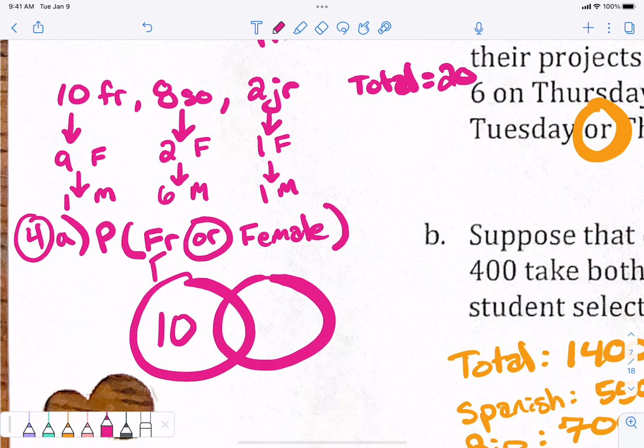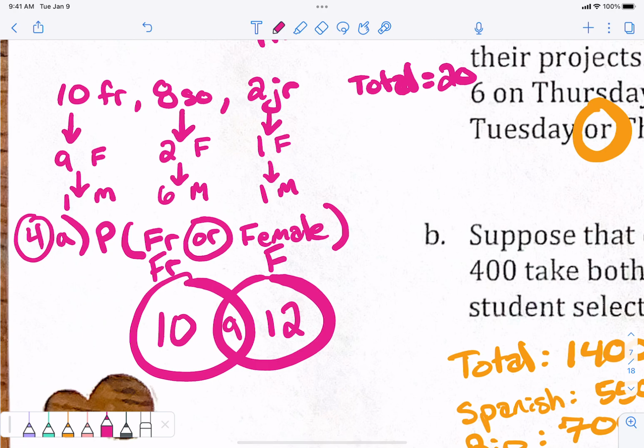So we're doing freshmen and we're doing females. How many females do we have? 12. Remington's right. How many total females do we have? 12, right? Do you see where we get 12 females? We're talking about just females, regardless of class. 9, 2, and 1 are how many females we have, right? So there's 12 females. Now, how many females are also freshmen? 9, right? 9 of the freshmen are females, okay?